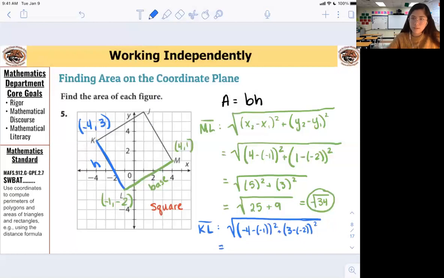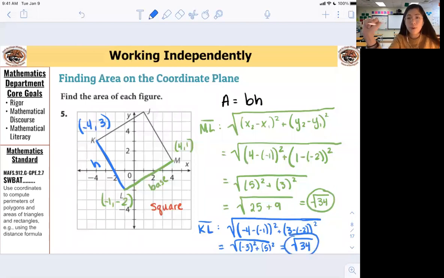Same answer. Good, Janelle's. You end up with -4 minus -1 is -3 squared. And then here you get 5 squared. So we again end up with the square root of 34.